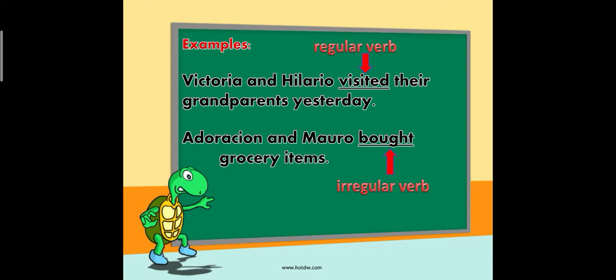The simple past tense in the sentence is "bought," which is the past tense of the verb buy. So, from "buy," it became "bought." That's why it is an irregular verb, because it changed in spelling. Did you get the difference between a regular verb and an irregular verb?